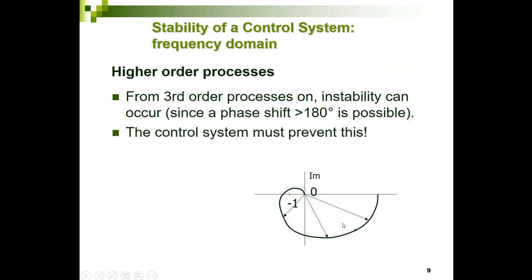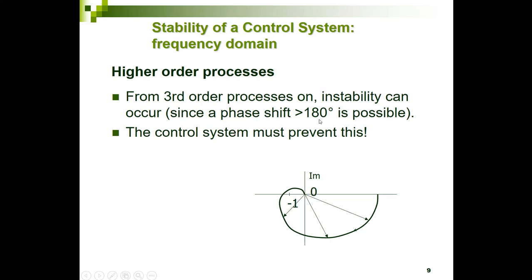So what we can conclude until now is that from third order processes on, instability can occur because a phase shift of minus 180 degrees is possible, so we have to judge whether or not at that point the gain is higher than 1.